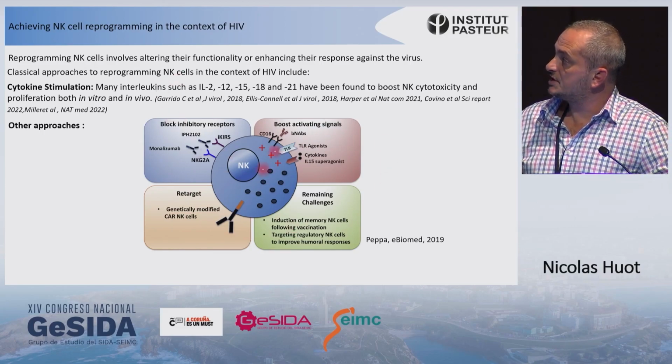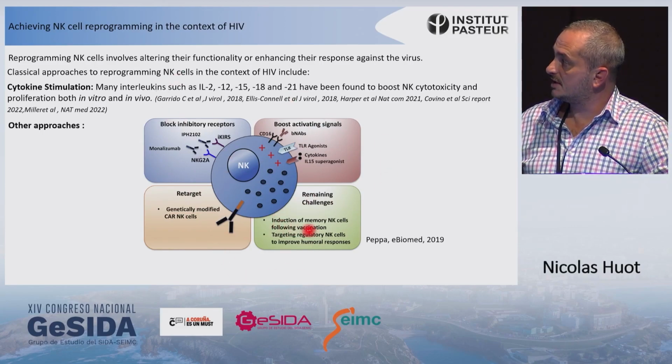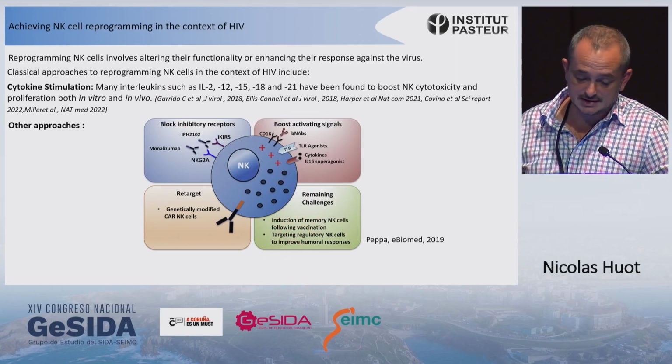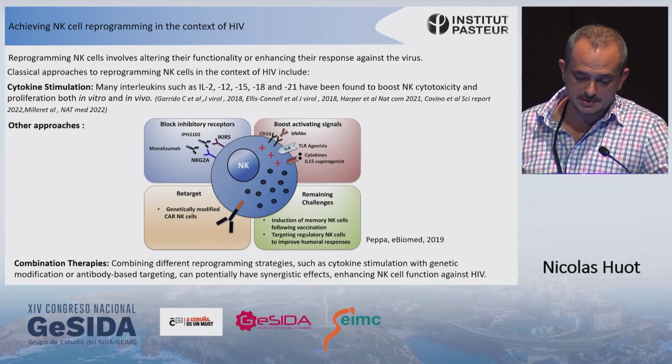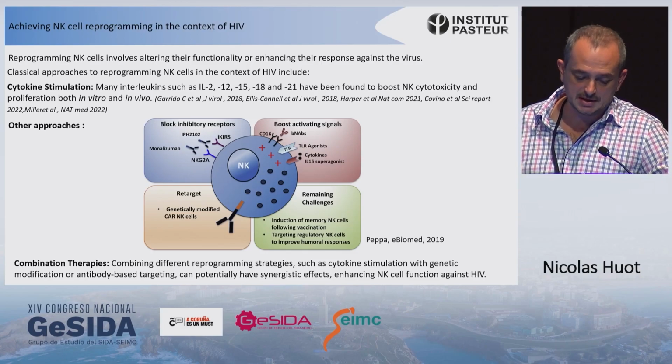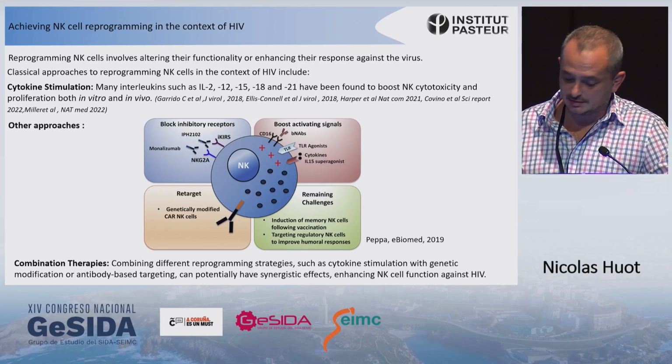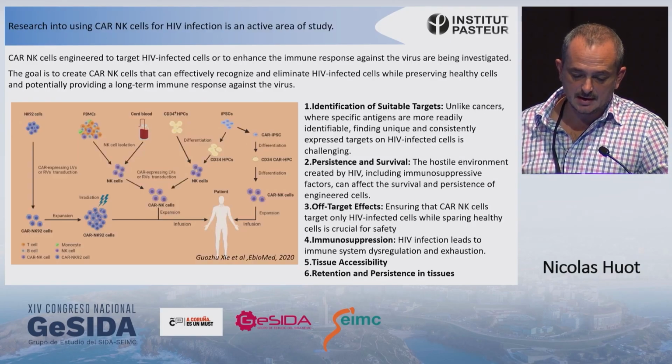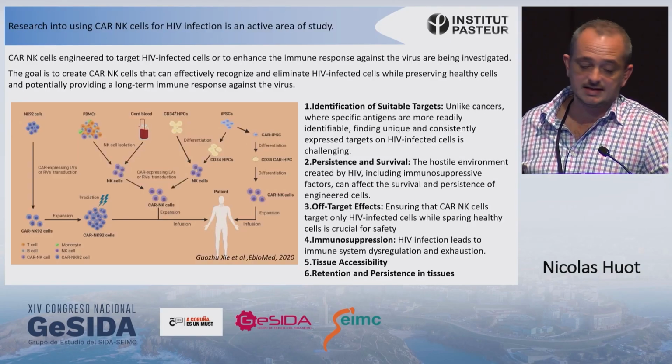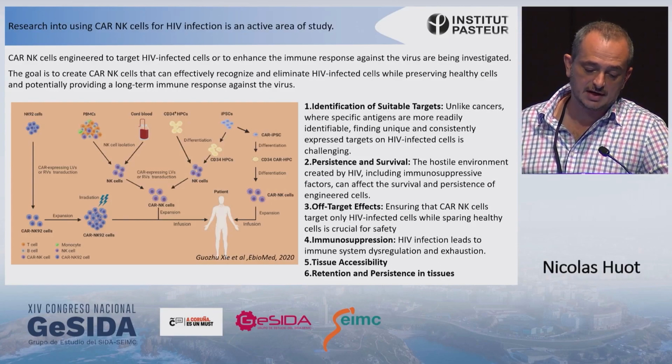But there are remaining challenges, such as the induction of memory NK cells following vaccination, or targeting regulatory NK cells to improve humoral response. Nevertheless, we strongly believe that we probably need a combination of strategies to increase the capacity of NK cells to eliminate the infected cells.